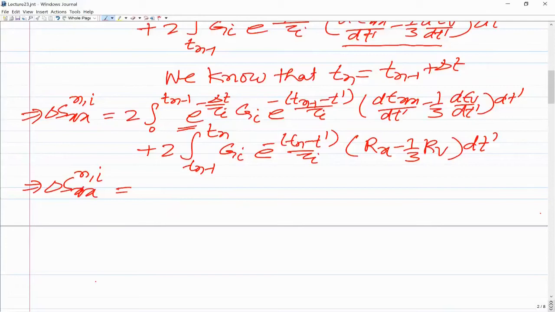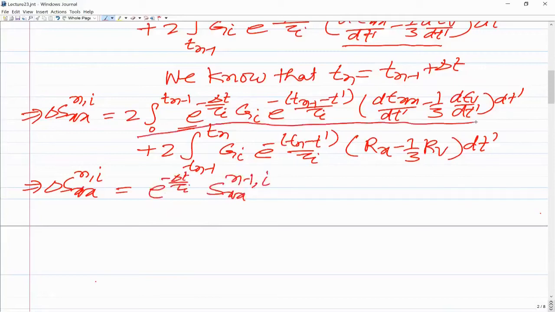So that is essentially delta of Sxx n minus 1 comma I. So you would see that what we are getting here is e to the power minus delta t upon tau I into Sxx n minus 1 comma I. So that's the first term.